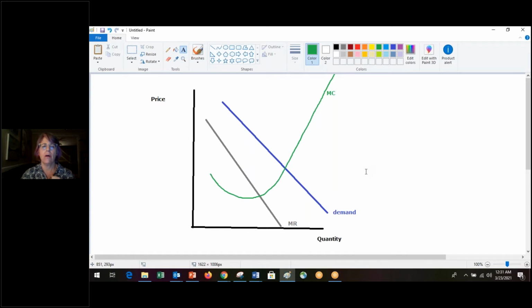So I'll draw this one somewhere and we'll figure out which one I drew. Your average total cost curve is going to look something like that. Don't quote me on that, but maybe it should have been a little differently shaped, but basically that's it.